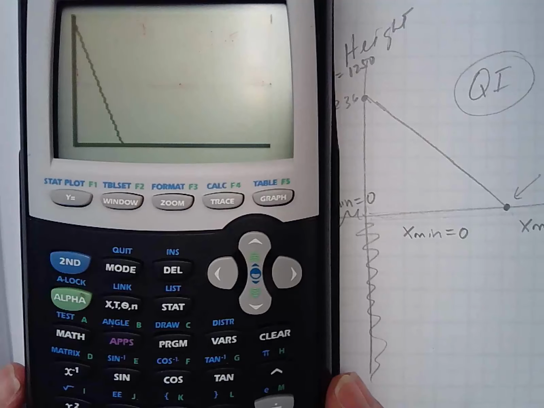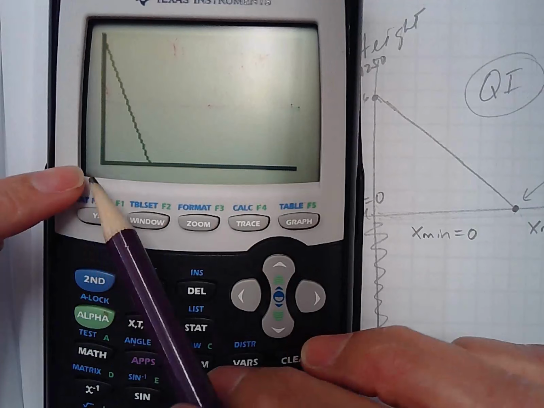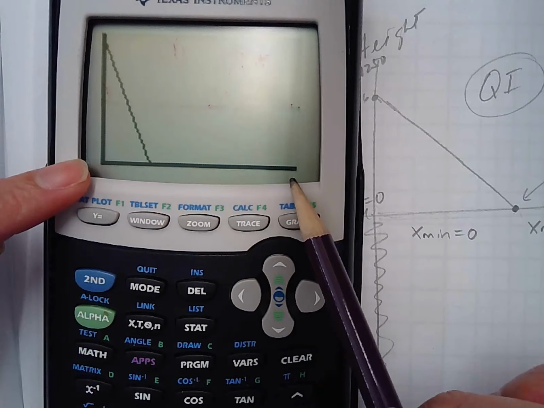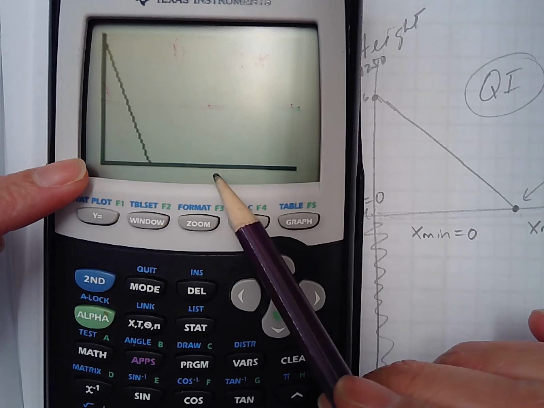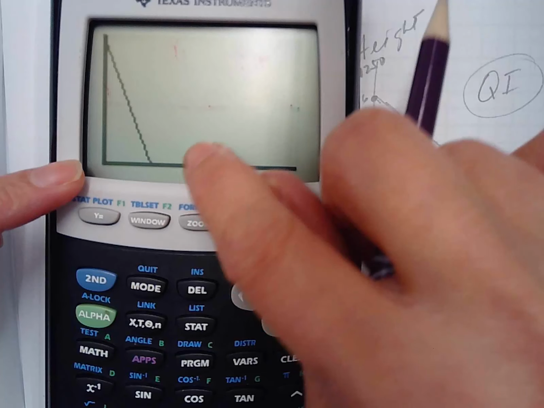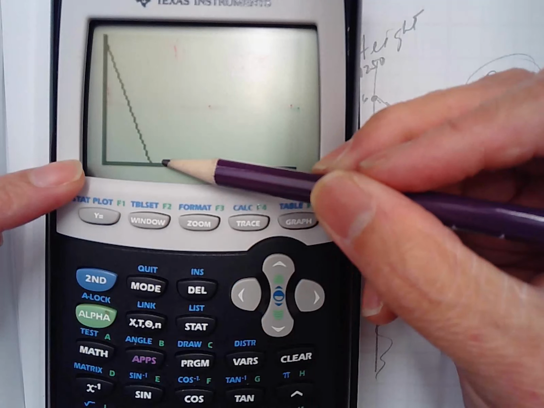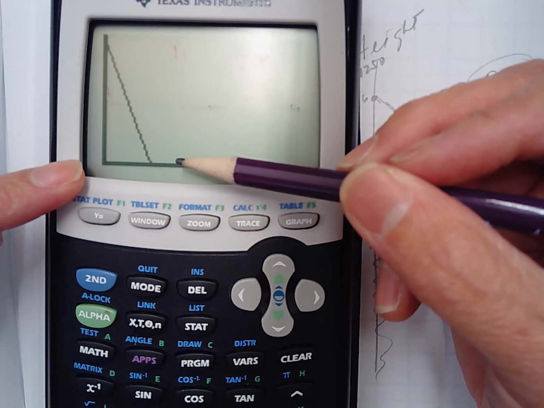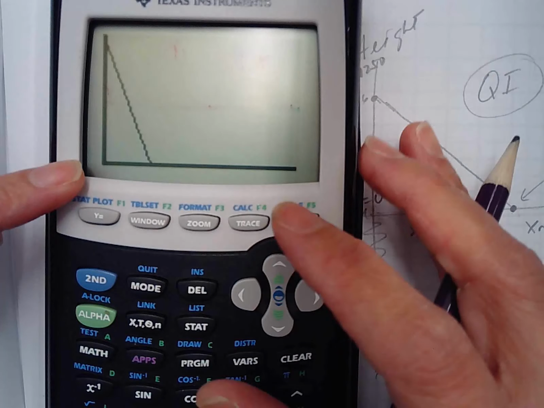Okay. So this is the graph that I got from 0 to 500. Do I need to go up to 500? So from here to here is 500. How many minutes do you think this is? 50? If we go 50, that's not going to be enough.